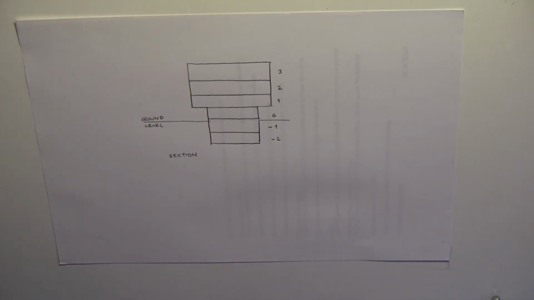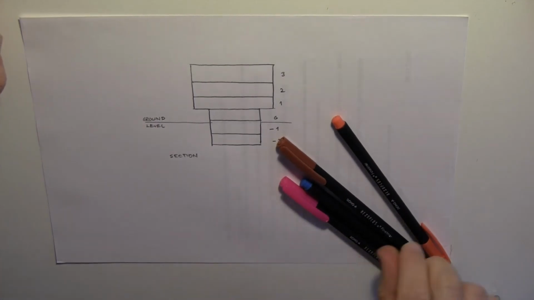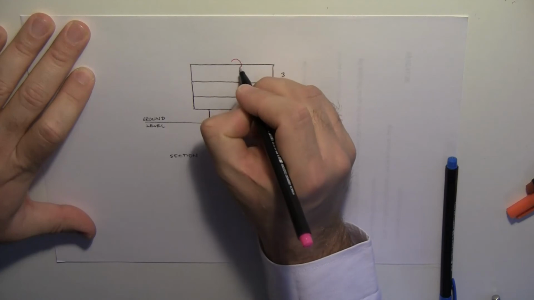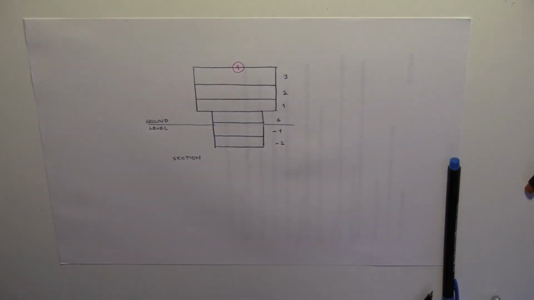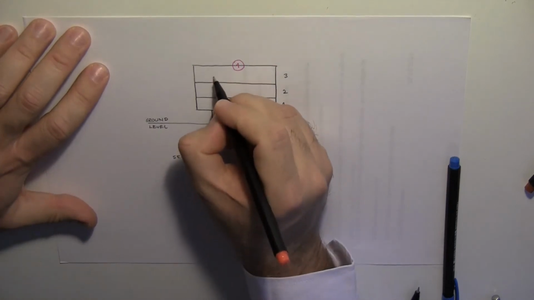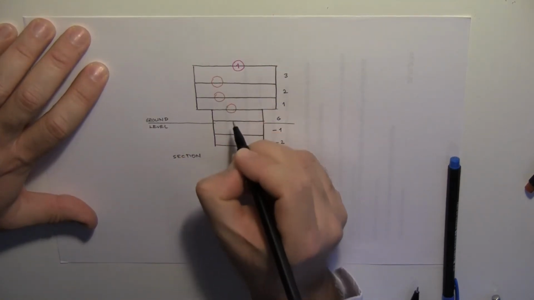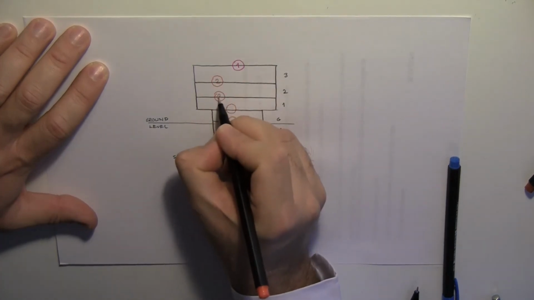Okay, and I have got my 4 colors here. I'm going to use pink to mark this floor as 1. I'm going to use orange colors to mark this one, that one, this one, that one, and this one as 2.